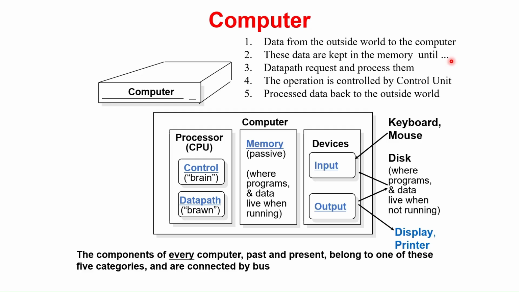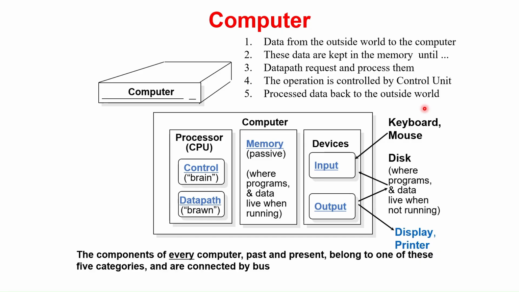When the computer is ready to process this data, the data path requests it from memory and performs the necessary operations. All of this is controlled by the control unit, which directs the entire process. Once processing is complete, the data is sent back to the outside world through output devices like the printer or any display monitor, projector, anything like that.